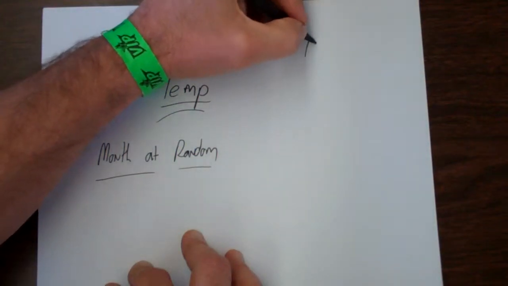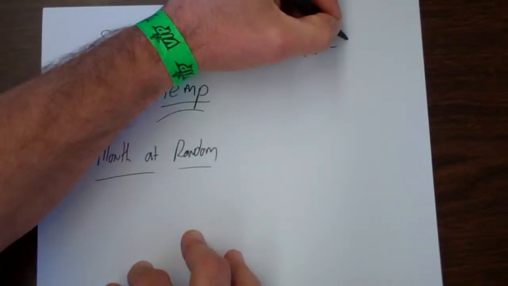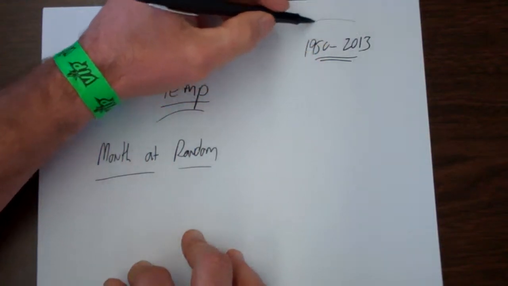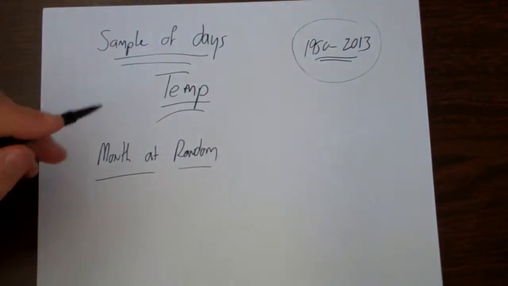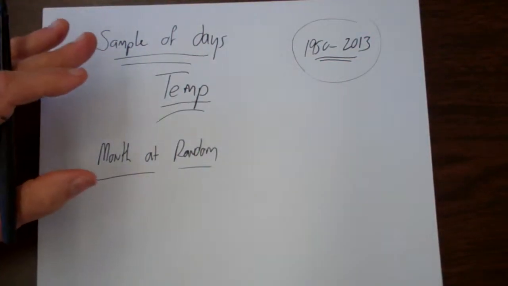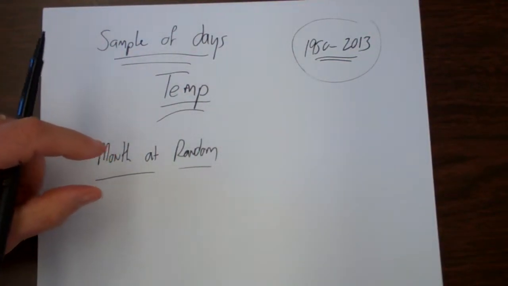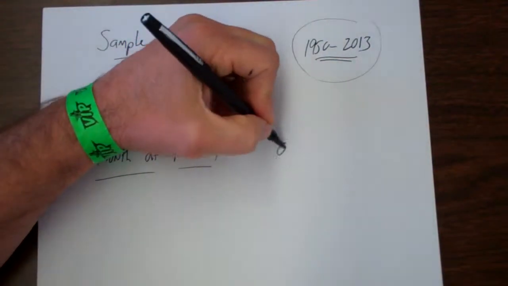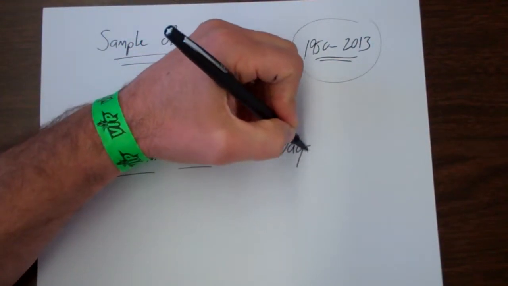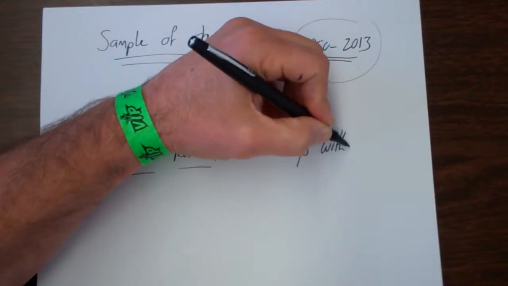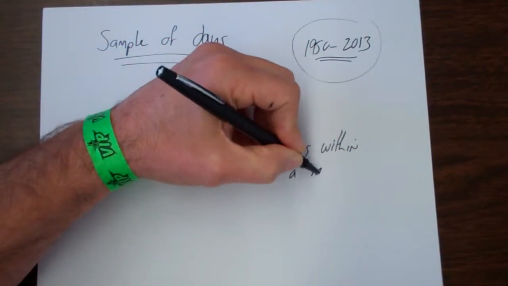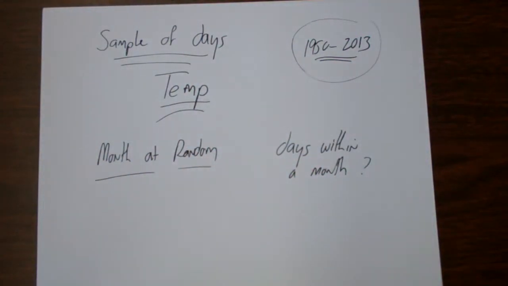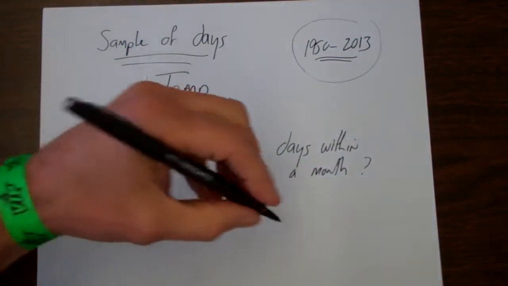Let's say you were looking at the years 1950 to 2013, and of all those months in those 63 years, you were going to pick a certain number of months at random, and then you were going to look at days within the month. So the question: are days within a month independent observations? Think about what you think. Days within a month. Are they independent? And the answer is no.